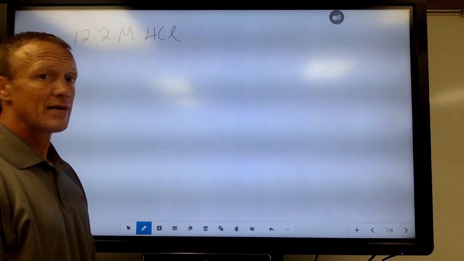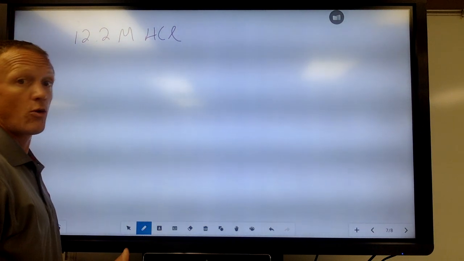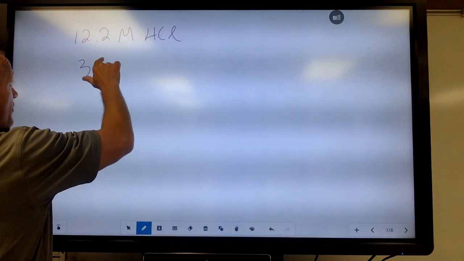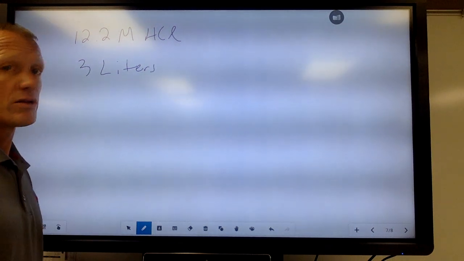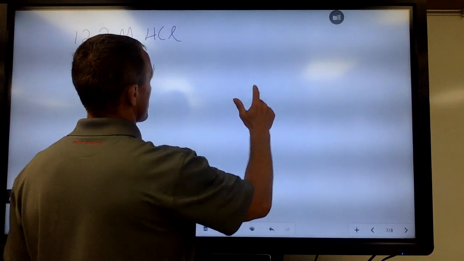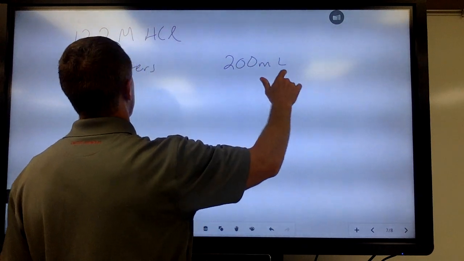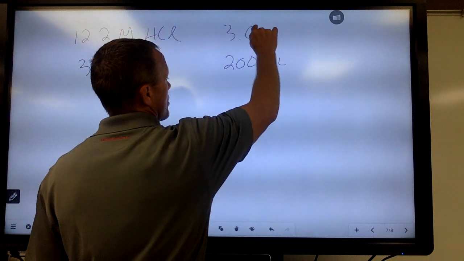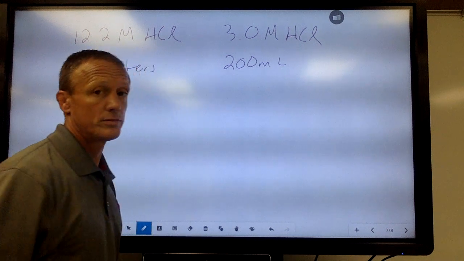Let's say that I have a big container of it. Let's say I have 3,000 milliliters, or 3 liters, of that. So I have a whole bunch of it. Let's say I want to make 200 milliliters of 3 molar HCl.